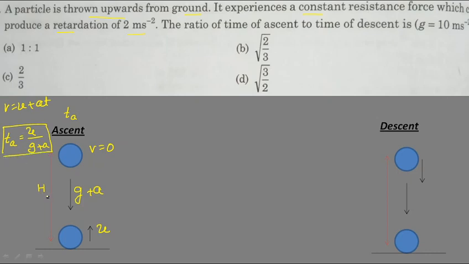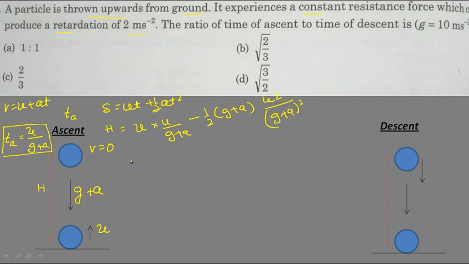And what about h? Let's calculate h. I'll utilize the formula s equal to ut plus half at square. In this case, s is h and u is u, and time I already know, that is u upon g plus a. And this is in the opposite direction, so it is minus half into g plus a into t square, that is u square upon g plus a whole square.